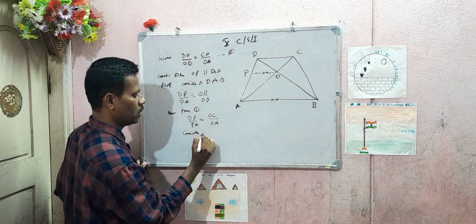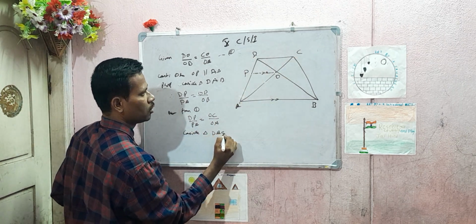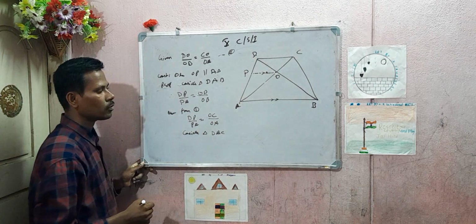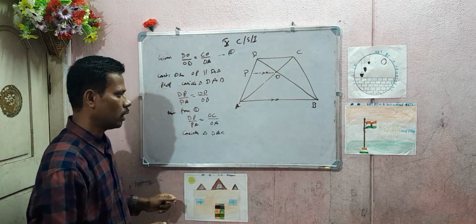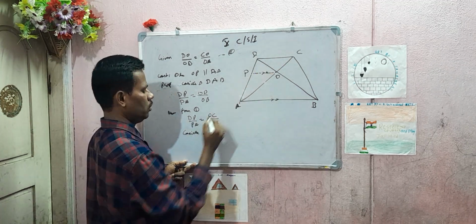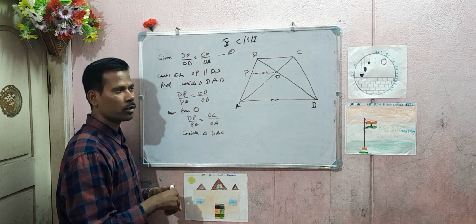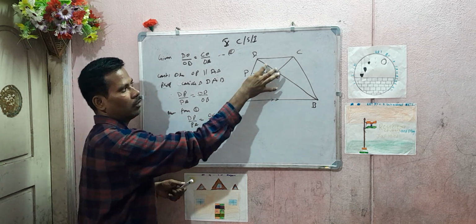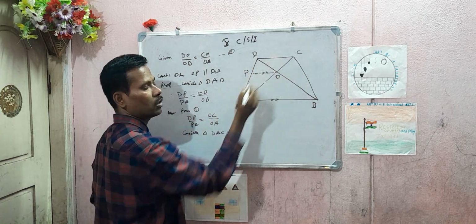Consider triangle DAC now. In this triangle, what is the pattern you have observed? What is the converse of basic proportionality theorem? A line divides the other two sides in the same ratio, then that line is parallel to the third side.